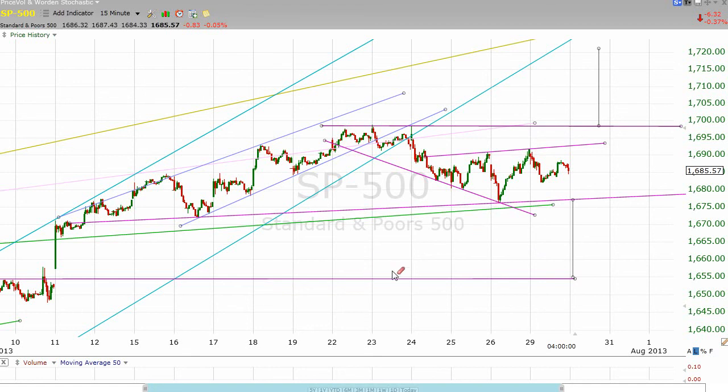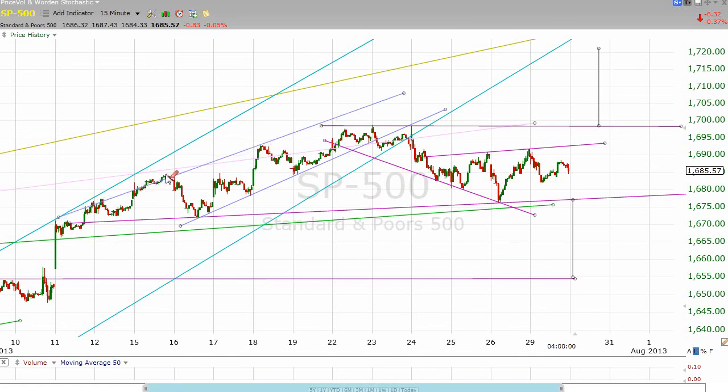The market has really gone essentially for 11 days nothing but sideways. If you look at where we were at the high on the 15th, we were right at about that 1685 mark.